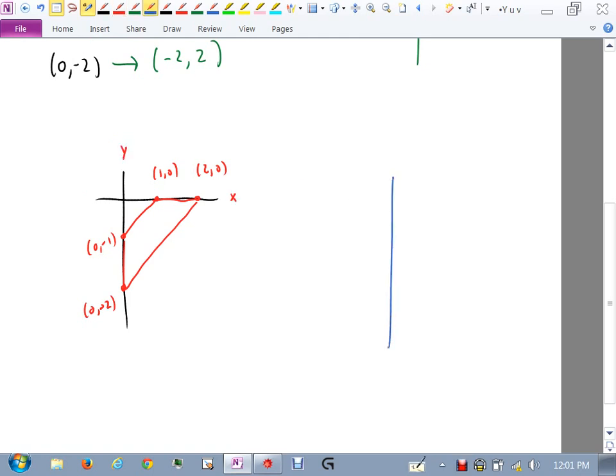In my UV plane, it becomes, let's see, the point 1, 0 went where? 1, 1 in the UV plane. So that went to the point 1, 1 right there. I'll label them the same. Where did the point 2, 0 go? 2, 2?